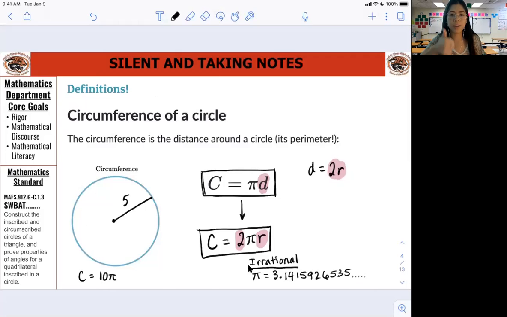All right, I just unlocked you, so you can go back. Okay, so since pi is an irrational number, we don't really use it. We kind of leave it as pi.